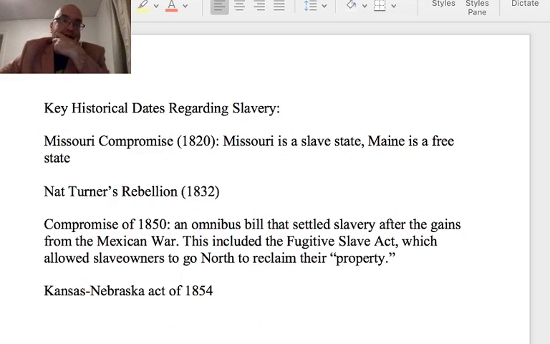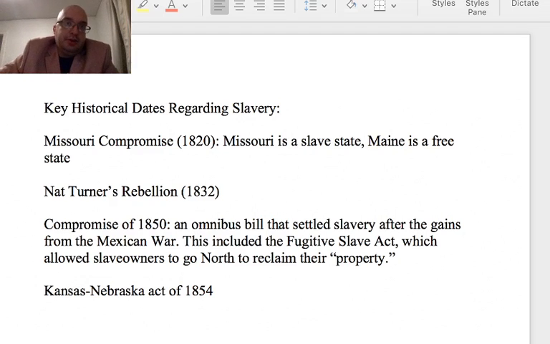When we admit new states to the Union, we had to have a balancing act of sorts. We can't have more free states than slave states, or more slave states than free states, because otherwise the balance of power will go to one side of the country over the other.